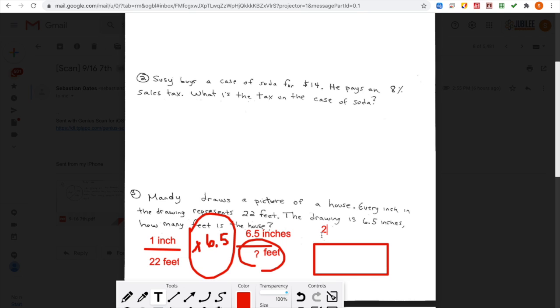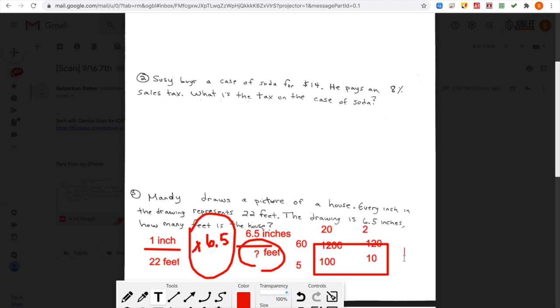I'm going to have 20 and 2, and then I'm going to have 60 and 5. 1, 2, 0, 0. 10 with an extra 0. 120 with an extra 0, and then 10.